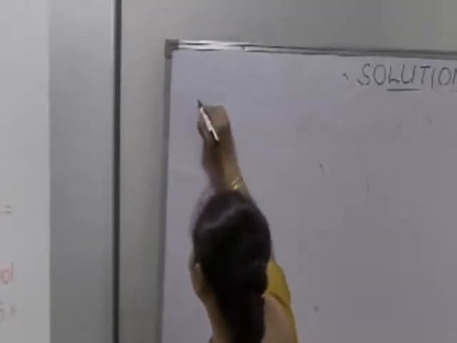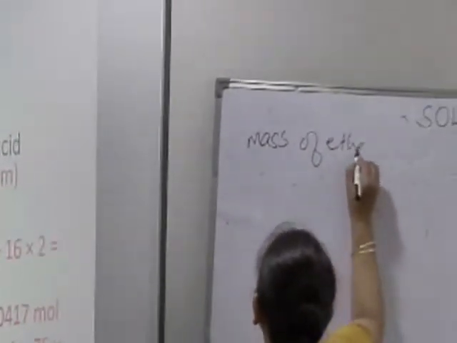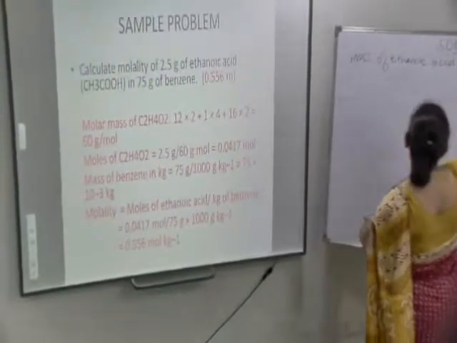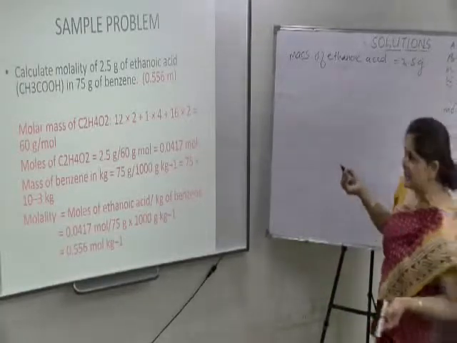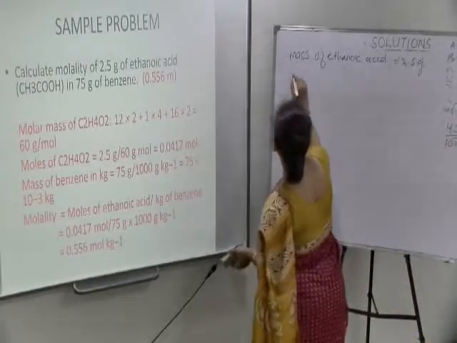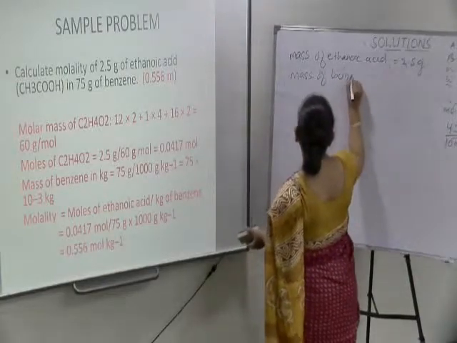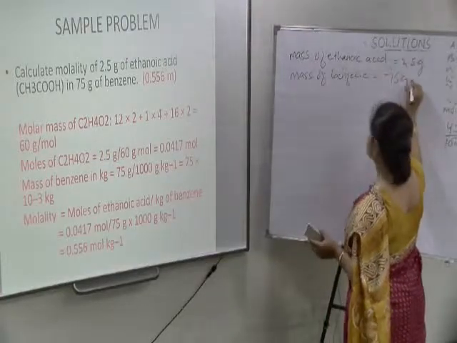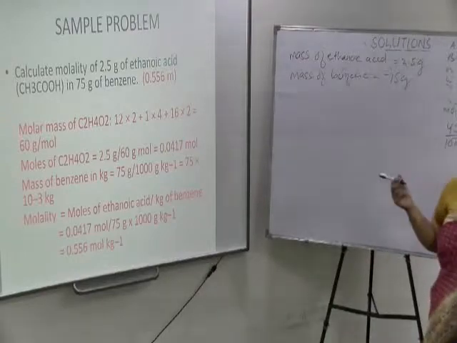That means your mass of solute, or mass of ethanoic acid, is 2.5 grams. The mass of benzene, which is the solvent, is 75 grams. You have to calculate the molality.